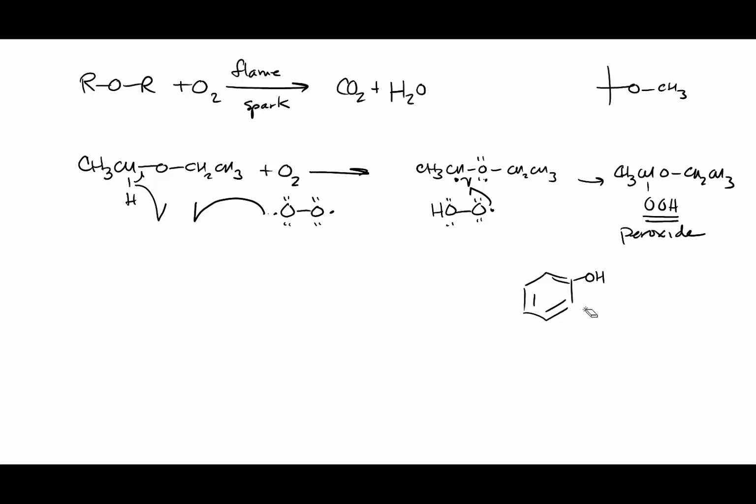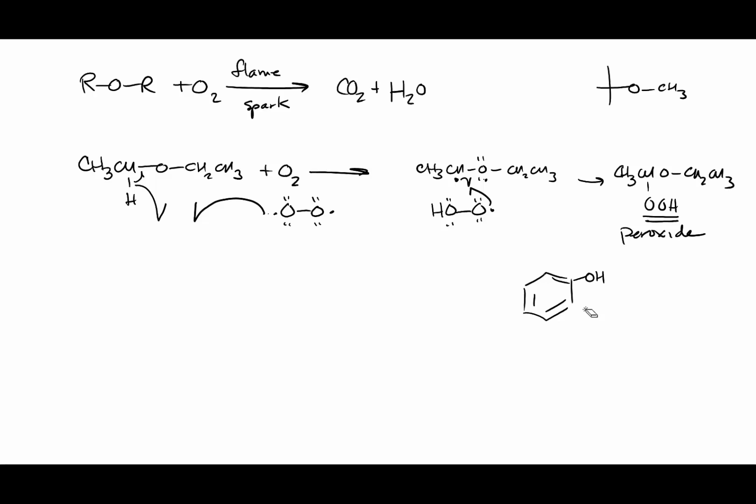If you add that as an antioxidant, they do add this to food all the time, because the same free radical reactions that you can have with ether, you can have with food, and that's why it spoils. Besides bacteria and mold and all of that stuff, what happens is when you remove that H and you form a dot there, there's all sorts of resonance structures you can draw.